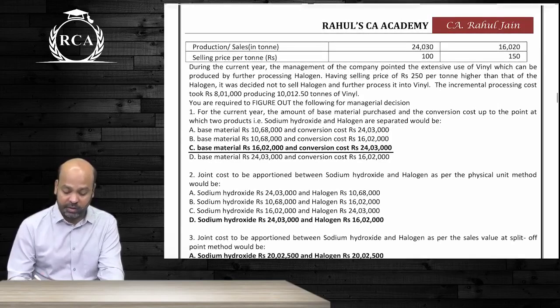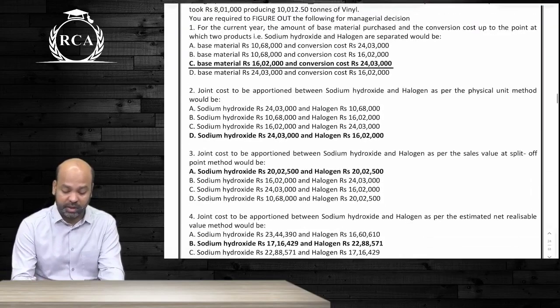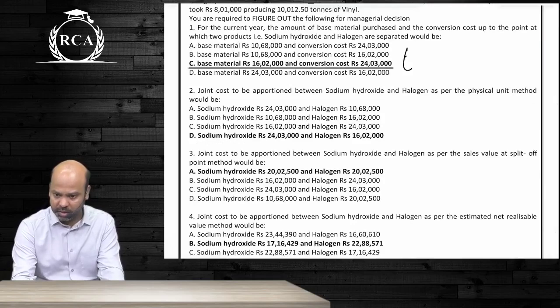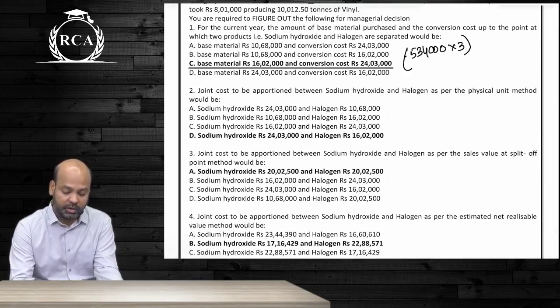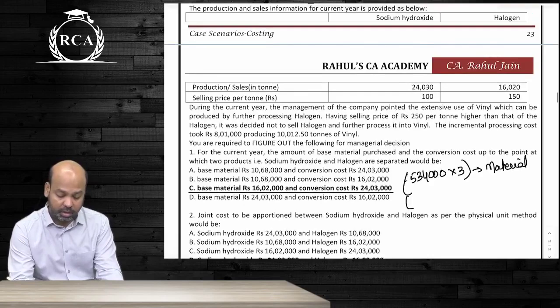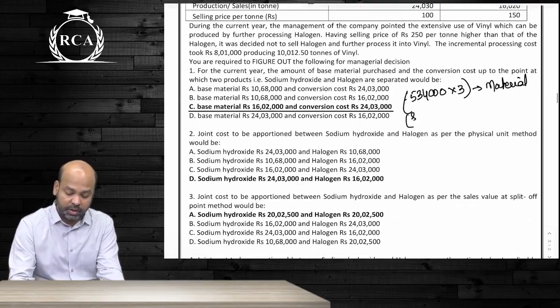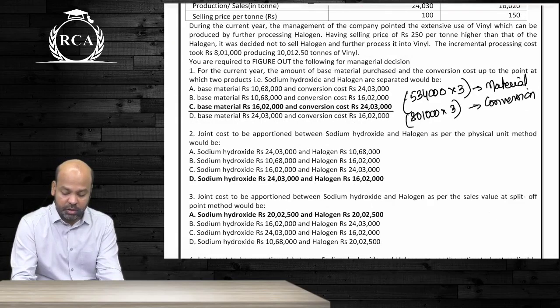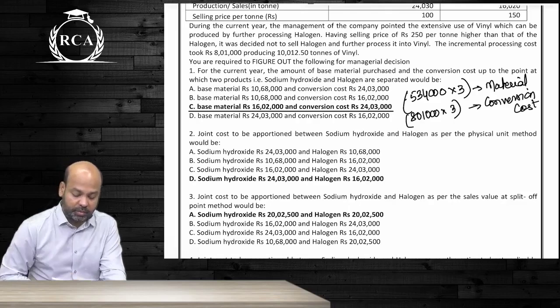So first तो guys you know that answer to the first bit is यहीं पे लिखूं बेटा, simple है ना, 5,34,000 into 3 is material cost and conversion cost beta was 8,01,000 multiplied by 3.